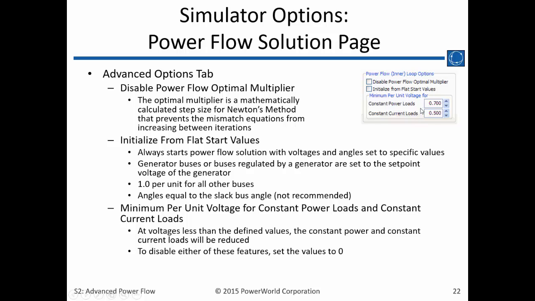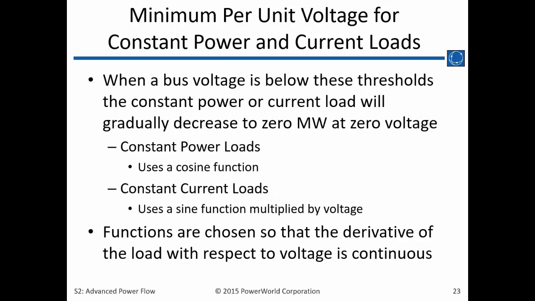The intention is that if the voltage starts falling below these thresholds, we adjust the load values of constant power or constant current loads to try to keep the solution solvable, by allowing the load to be reduced at those points so that the voltage isn't falling as fast. We can talk about that a little bit more.